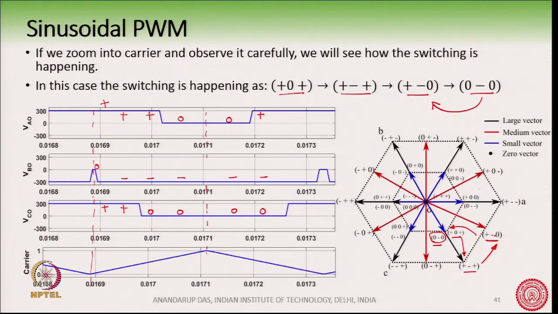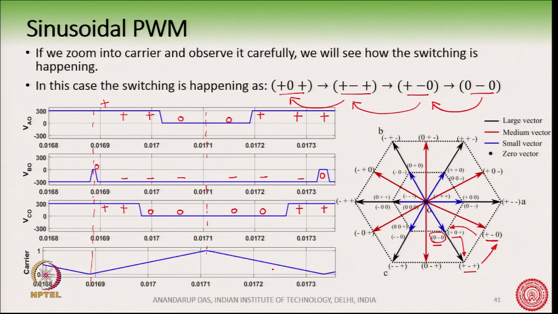Then we have the state plus minus plus, going from here to here, and then ultimately we have this state plus 0 plus. So, we made an anti-clockwise return.